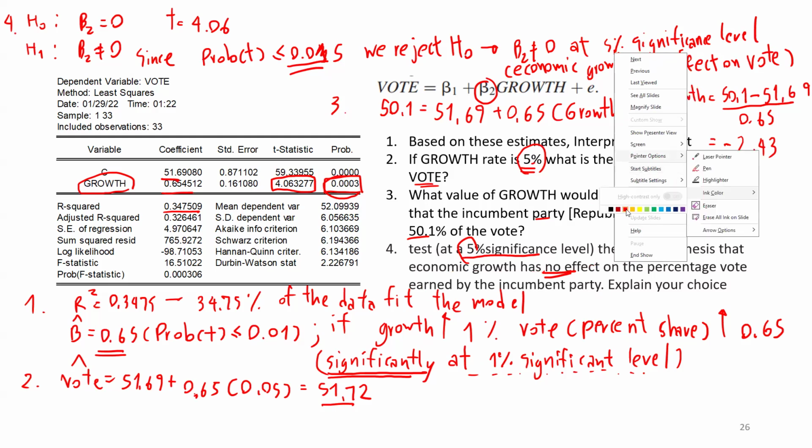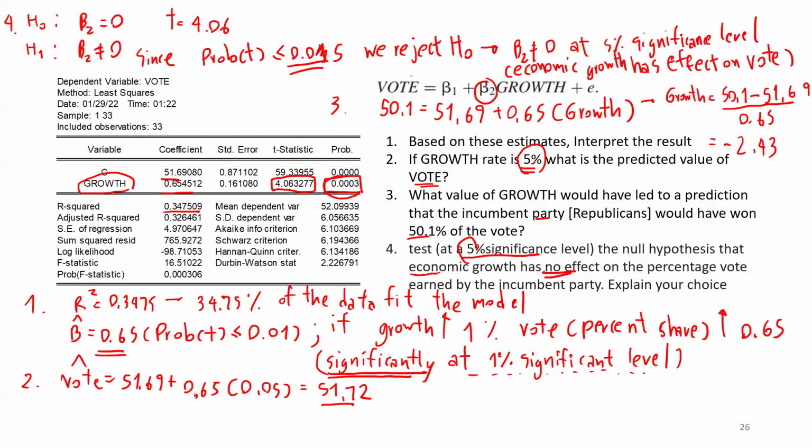I rewrite this sentence to make sure that I understand the question. So the answer is it has effects, since the prob is less than 0.05, which shows that it has effect.